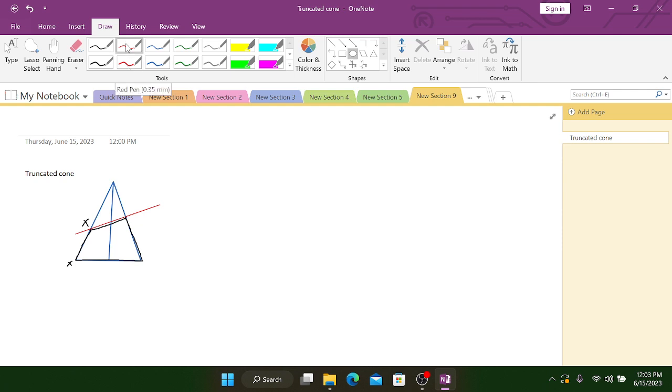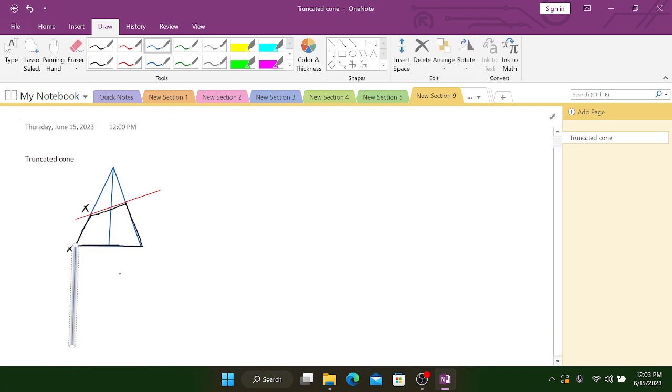So to draw the plan view, I need to draw vertical lines from here, one vertical line, and here one vertical line.